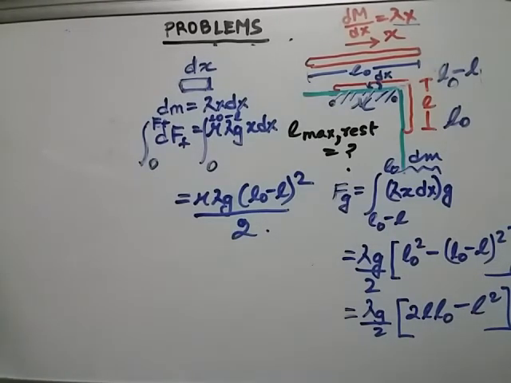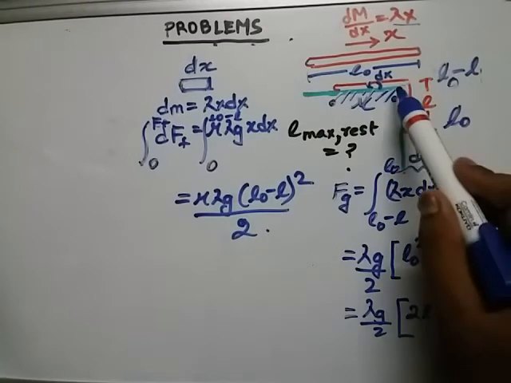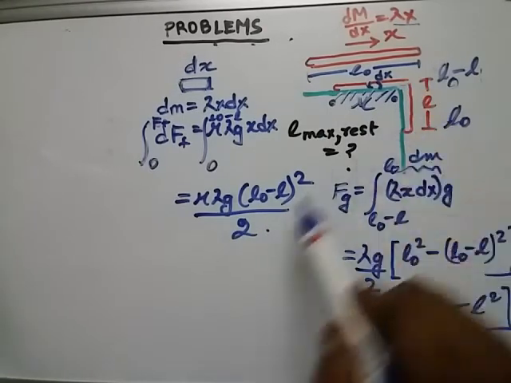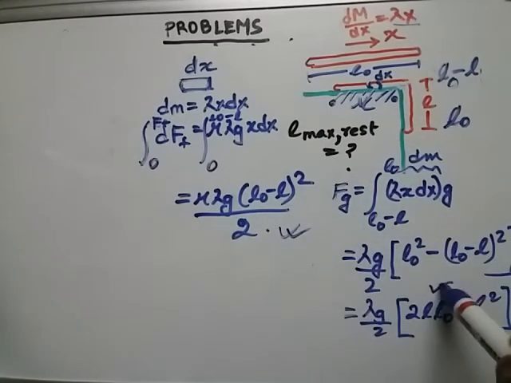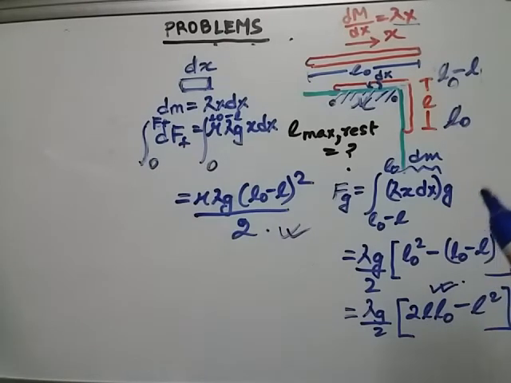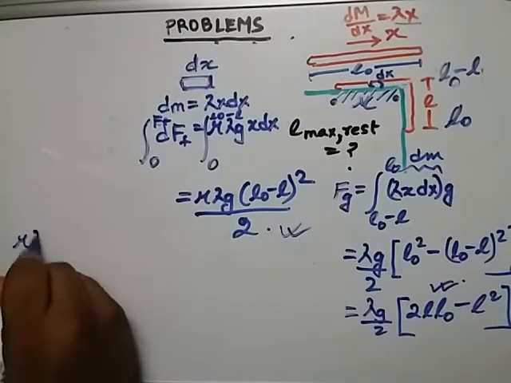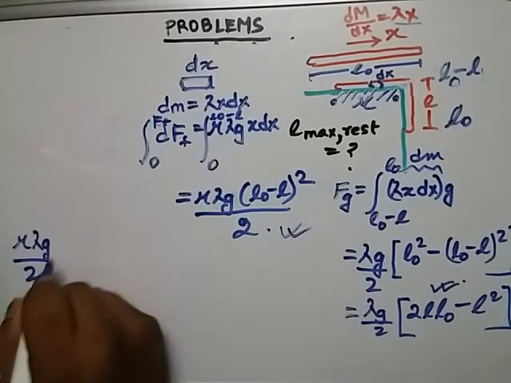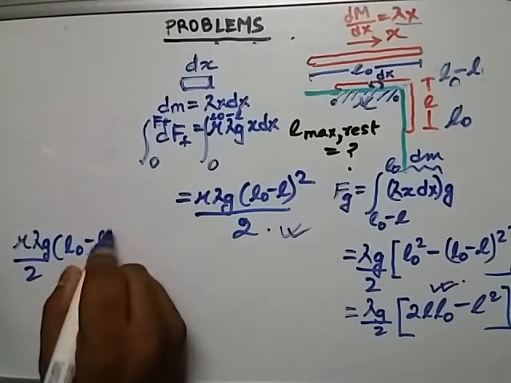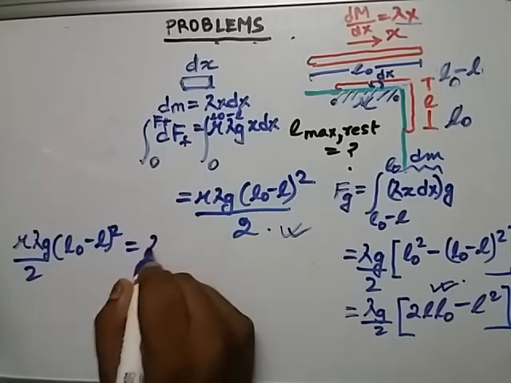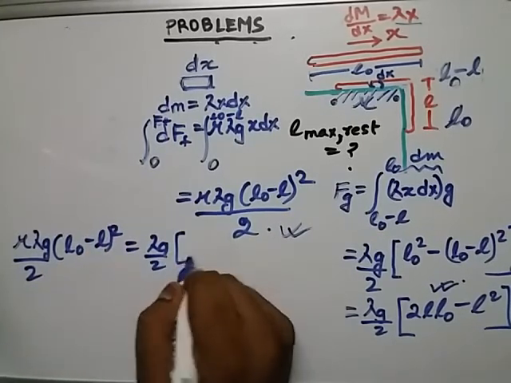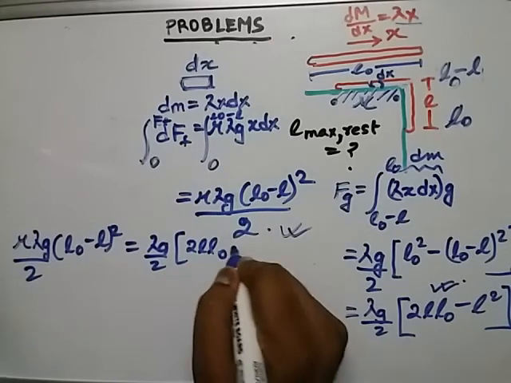Now for this to be just on the verge of sliding, these two forces need to be equal. Fine. So what we get is that mu lambda g by 2 into L0 minus L whole square is equal to lambda g by 2 into 2L L0 minus L square.